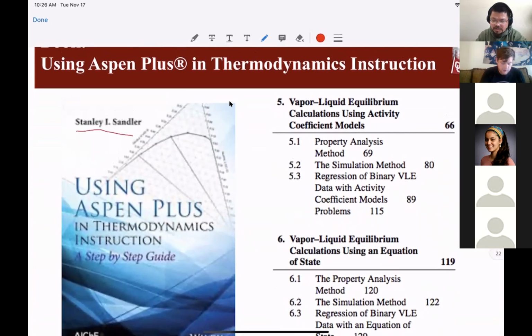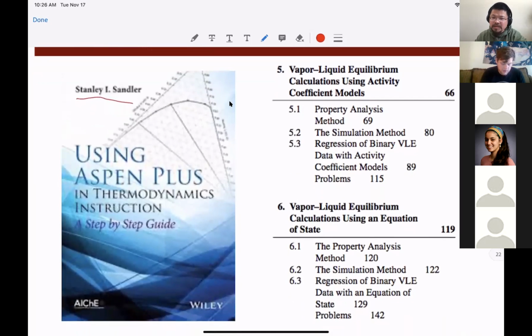He's a faculty member from the University of Minnesota, well known in fundamental research and thermodynamics. He put together this very nice step-by-step introductory guidebook for Aspen Plus.